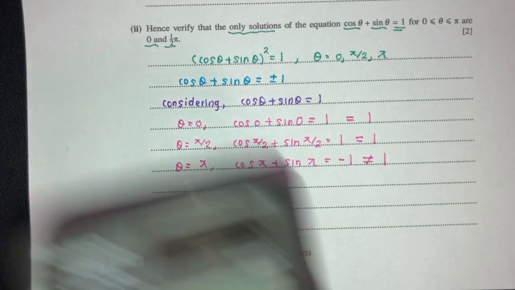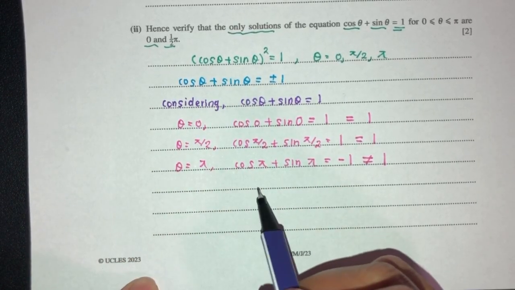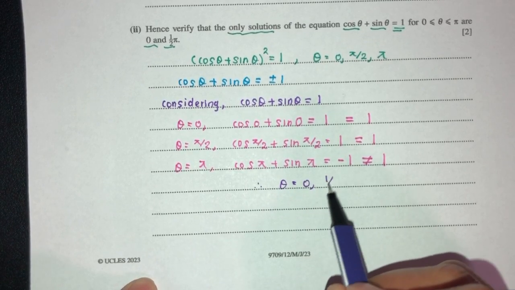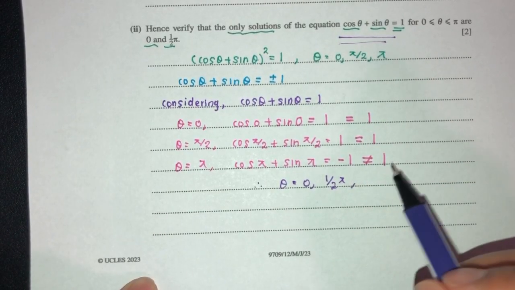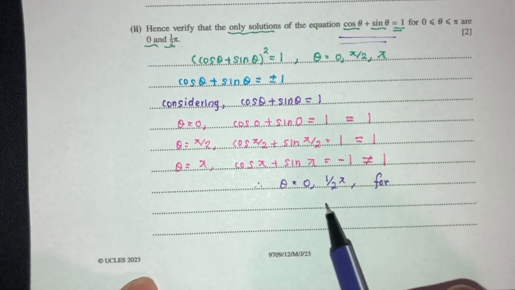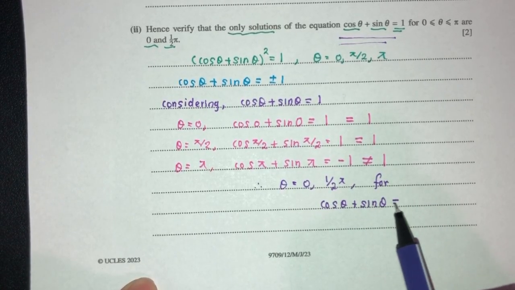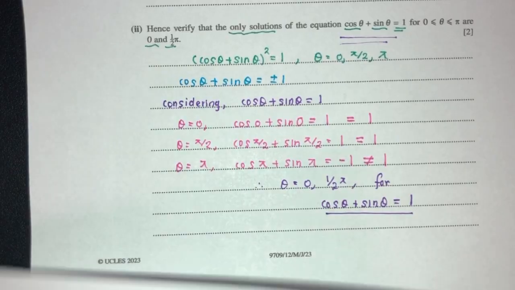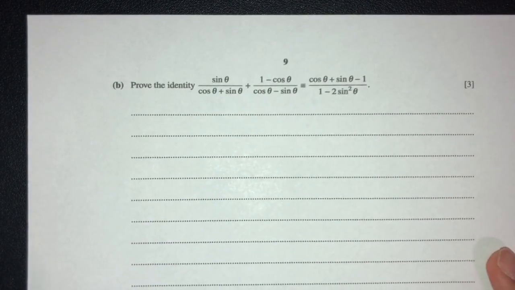So the only two valid solutions derived from that equation initially are that theta would only be 0 and half pi for this equation. And this is your question part B. Actually part A part 2. This is part B now.